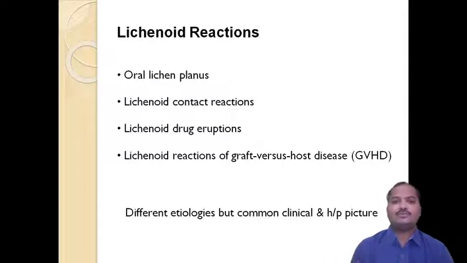As we said, these four categories of lesions appear like lichenoid reactions, so they may have different etiologies, but they have a common clinical picture as well as a histopathological picture. So clinically and histopathologically, we cannot differentiate amongst all these unless we have a sound correlative history.